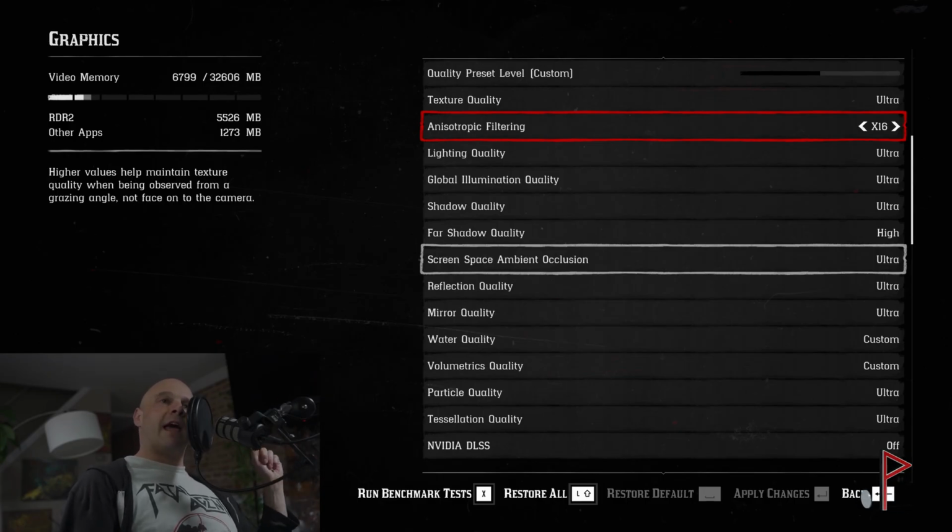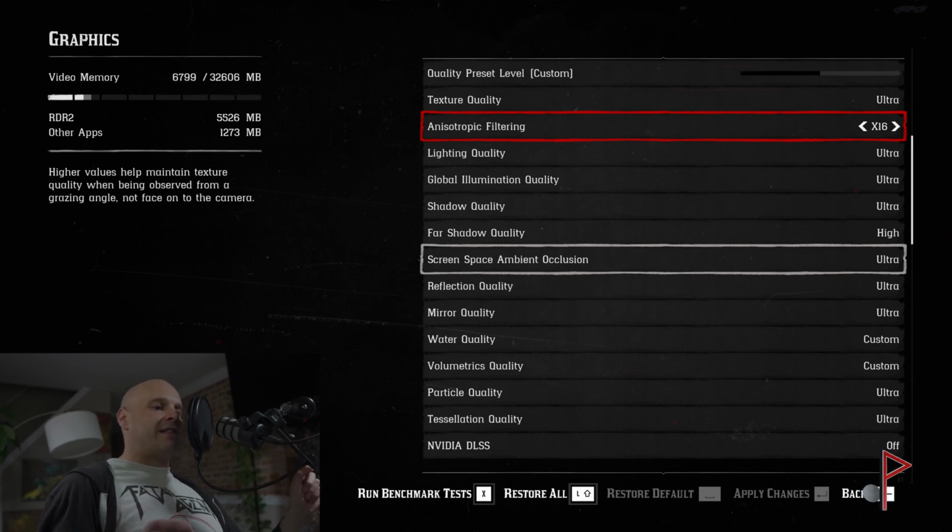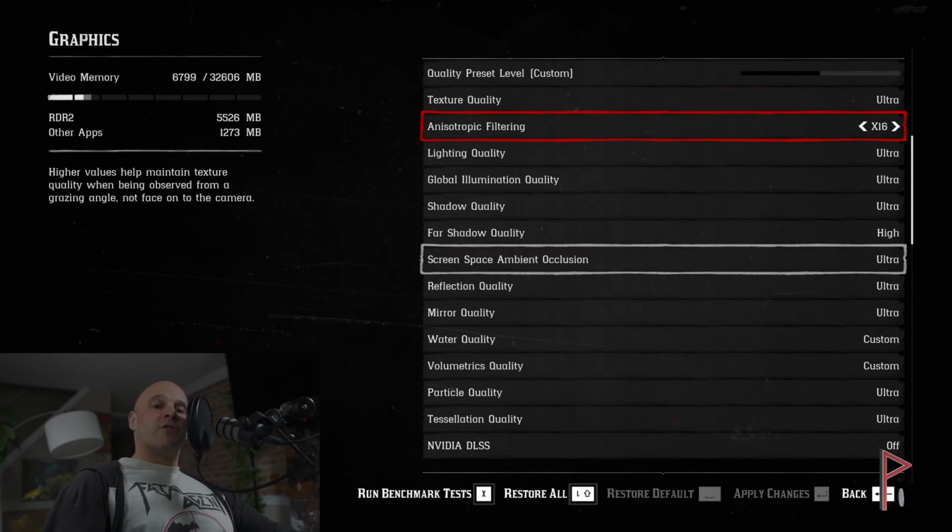And how is it able to do that? By sampling the texture that every pixel is a part of 2 times, 4 times, 8 times, 16 times, so that it understands the shape of it, so that the game can render the texture very, very clearly, even when it's appearing obliquely outside of the character's view.